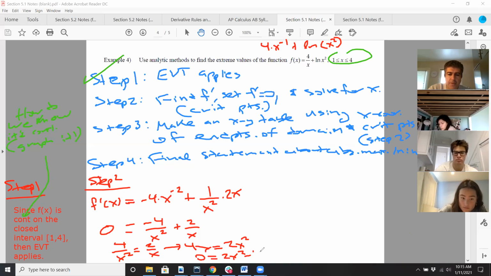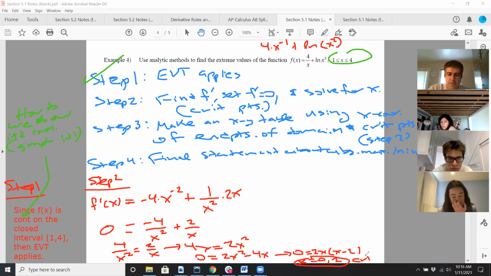Do a little more algebra here. Factor out 2x. So you get x equals 0 or 2. Those are your critical points.